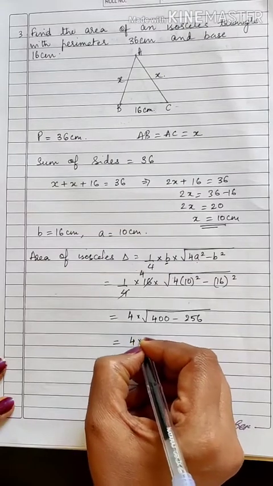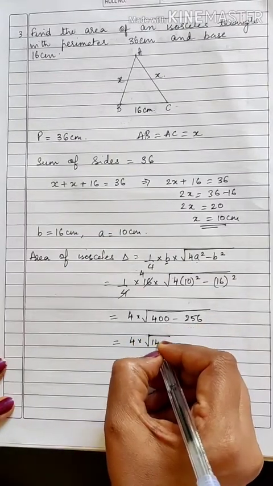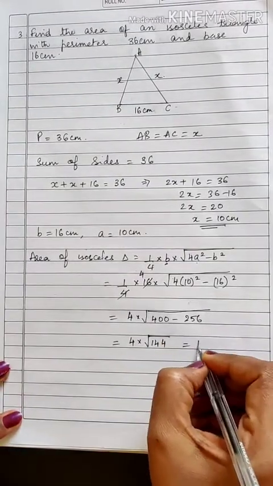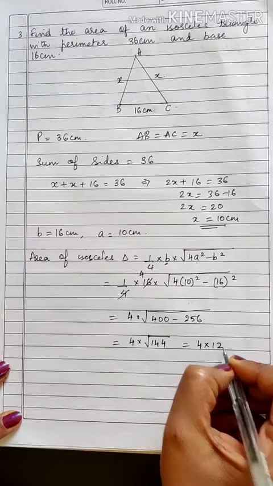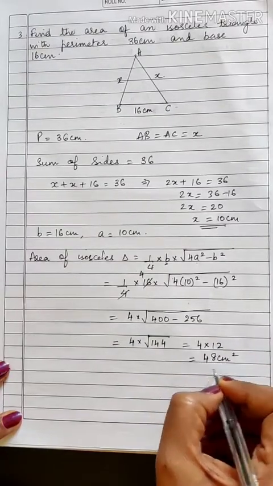So you get 4 into root over of 400 minus 256, which is 144, which will give you 4 into 12, which is equal to 48 centimeter square.